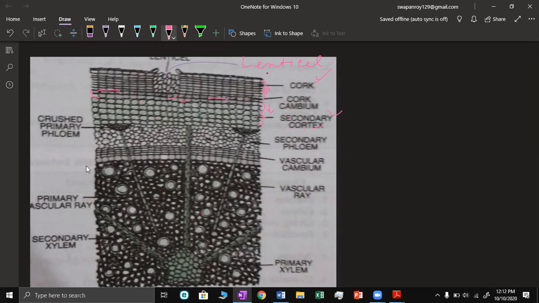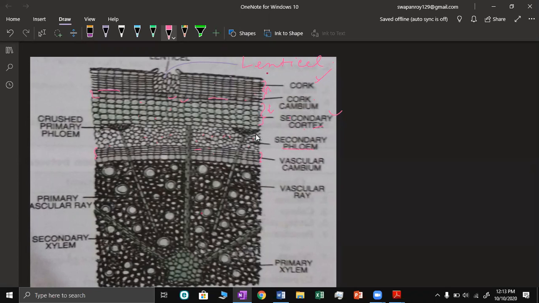This portion is showing the vascular cambium. See here, this is the vascular cambium layer. This vascular cambium produces outside secondary phloem. This portion is secondary phloem.